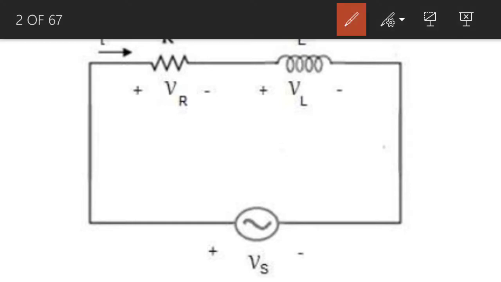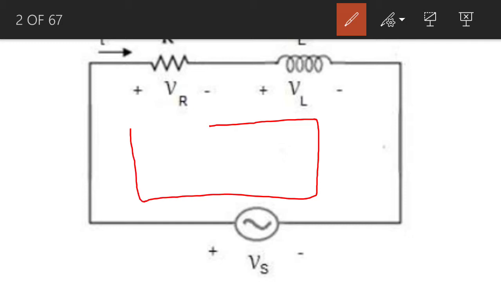If we apply KVL to this loop, according to KVL, the sum of the voltage rises in this loop will be equal to the sum of the voltage drops. In other words, the algebraic sum of all the voltages in a specific direction in a loop is always equal to 0.